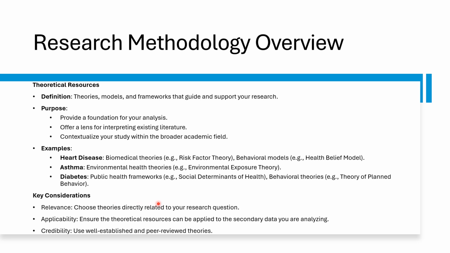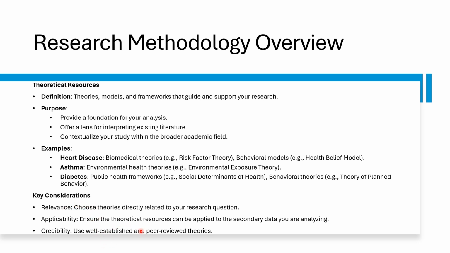Asthma: environmental health theories, environmental exposure theories. Diabetes, for example, public health frameworks. The key consideration is relevance: we need to choose theories directly related to your research questions.